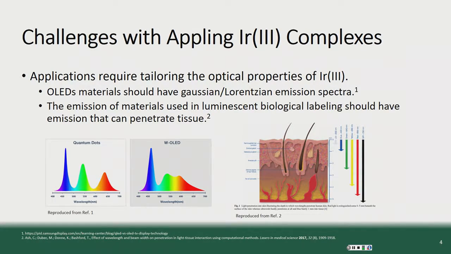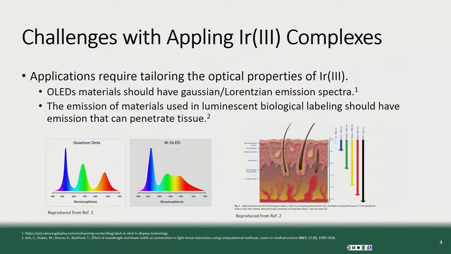With organic compounds, you tend to have much broader lines. You get vibronic peaks, which is one problem for organic light-emitting diodes. And then for biolabeling, when you have skin, if I hold my skin up like this, you can't see through it to this wall because light is absorbed or reflected.